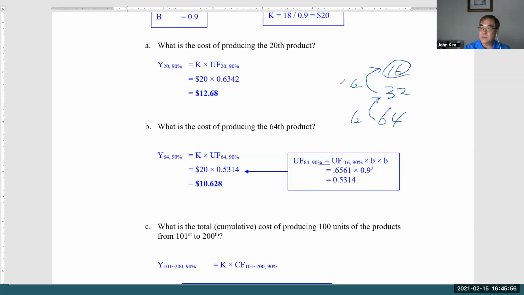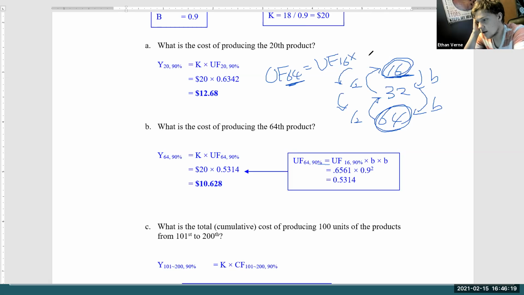When it's doubled, it's times B. To get 64, if you know the unit factor 16, you multiply by B times B, 2 times.